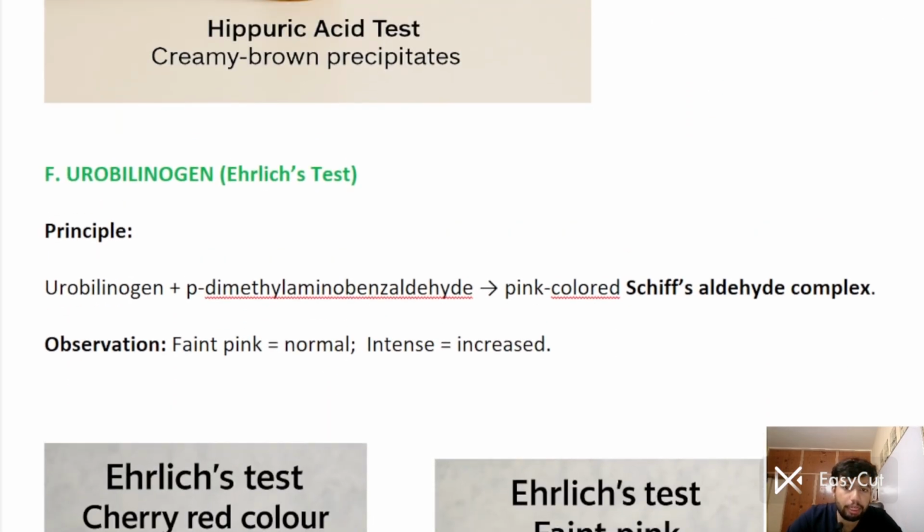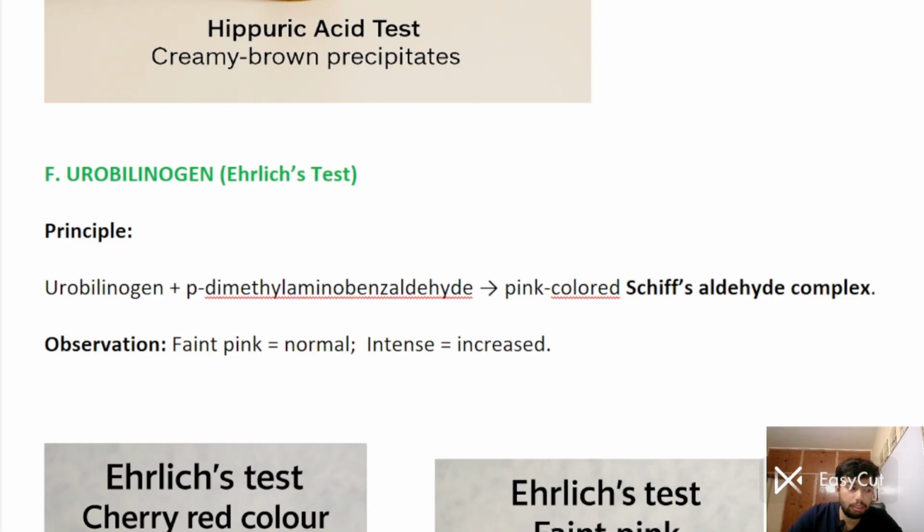Urobilinogen: an important point and an important test to note. Urobilinogen is formed by heme catabolism; you will be learning this in the hemoglobin chapter.